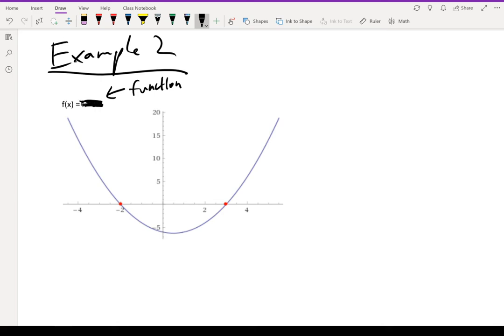So let me rewrite that. Oh no, it is correct. It should be x. Yeah. This is x squared minus x minus 6. Okay, this is our function, and this is what it looks like.